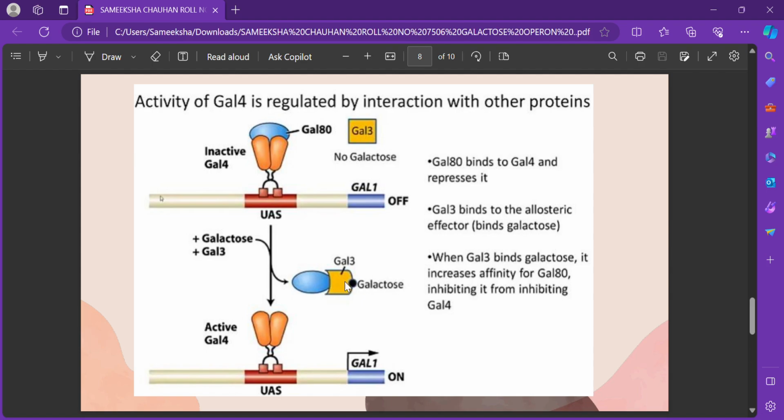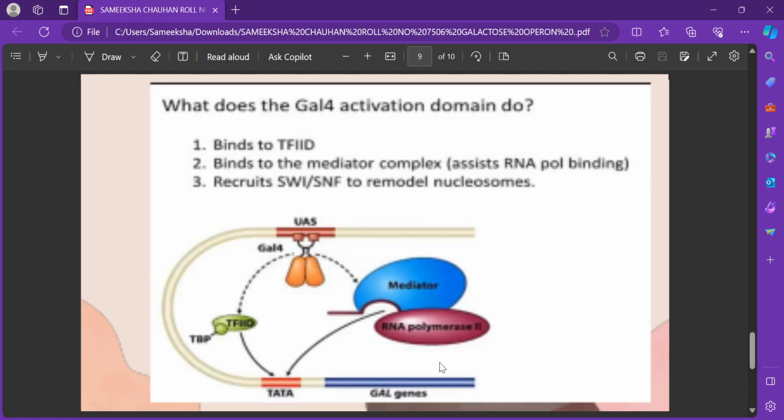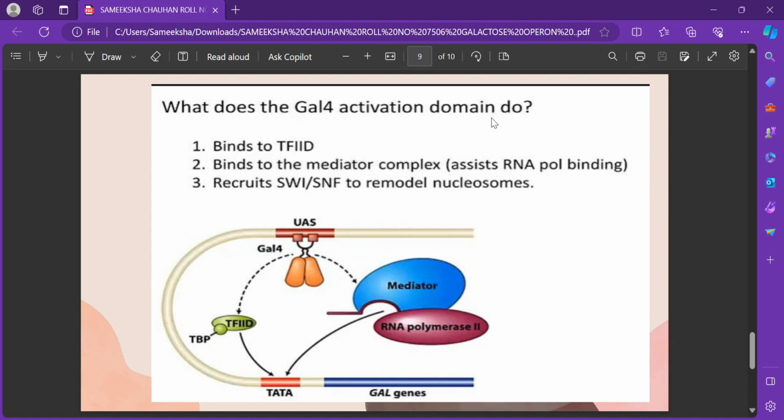This interaction, or say complex formation, results in a conformational change, or say allows the GAL3 protein to attain high affinity towards the GAL80 protein, and now it drives away this GAL80P protein so that our GAL4P protein is now free to activate the other GAL genes and start with the transcription. Moving ahead, how this activation occurs, this is done in 3 steps.